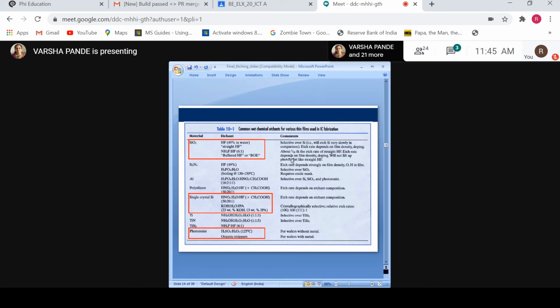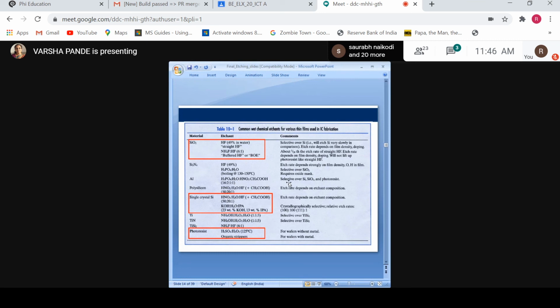So if we prepare this type of solution, 16 to 2 to 1 to 1, then in that solution only aluminium will be dissolved and other materials will not be dissolved, like silicon, silicon dioxide, and photoresist. Therefore this type of solution is selective over silicon, silicon dioxide, and photoresist. Within that solution silicon, silicon dioxide, and photoresist will not get dissolved, only the aluminium gets dissolved.